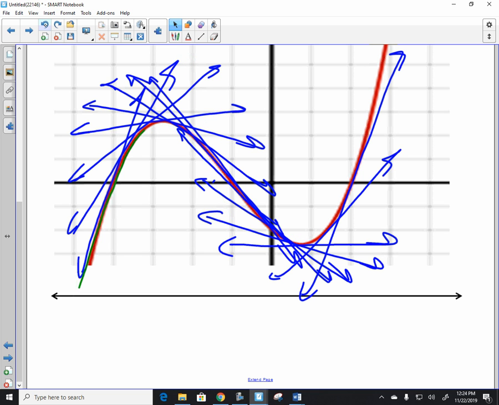I will show you. I've drawn all of these tangent lines. The tangent line refers to the first derivative. So is the first derivative positive or negative here? First derivative is positive. How about here? Positive. How about here? Negative. The second derivative refers to the rate of change of the first derivative.